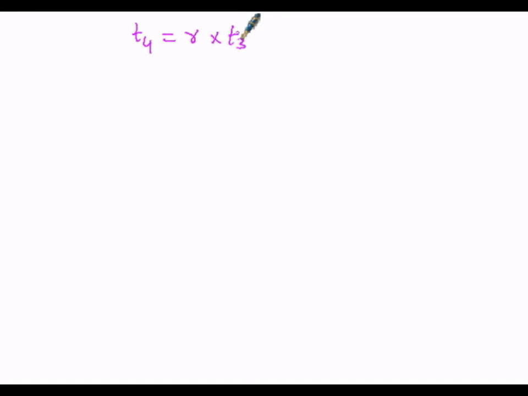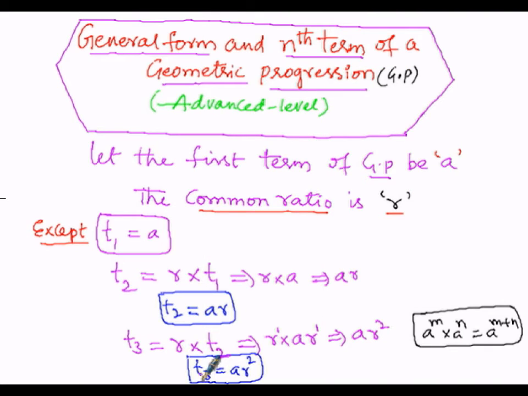So, that implies r into T3. T3 is ar square. So here r to the power of 2 and r to the power of 1.